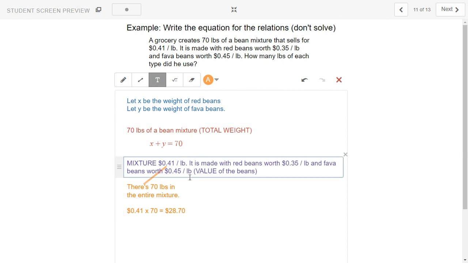With the red beans and the fava beans, we don't know what the weight is. So we're going to have to take our X and our Y and create a statement like this.